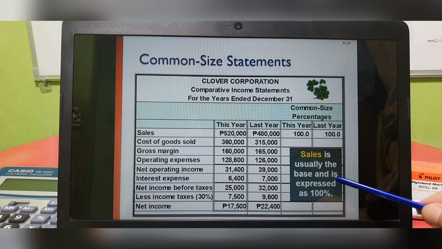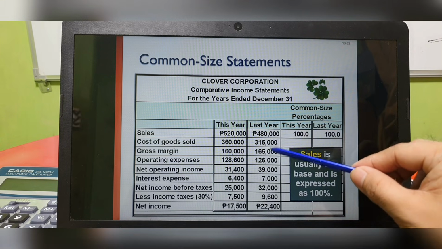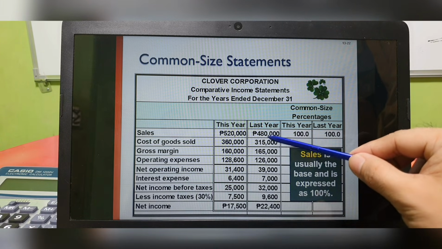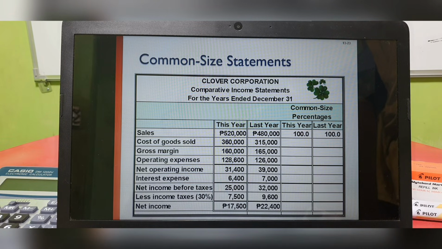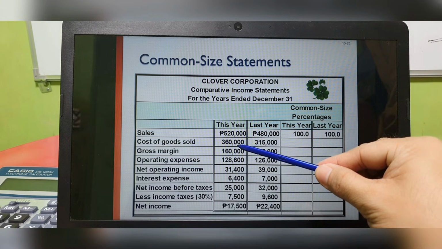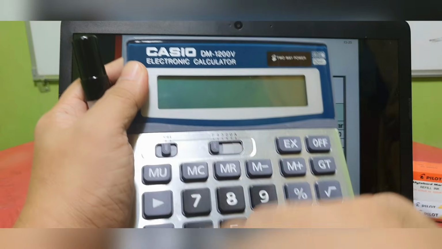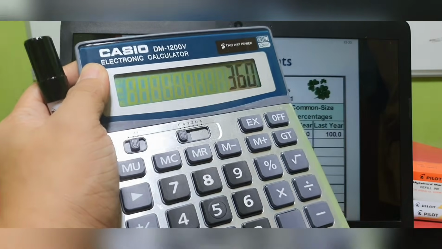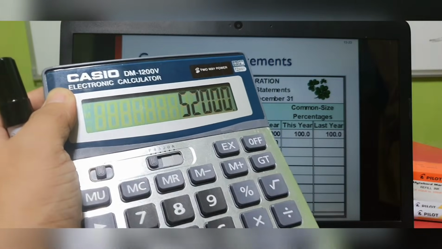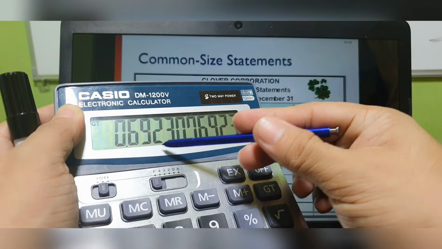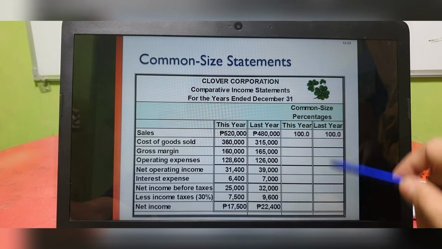Sales is usually the base, and all items sa ilalim will be divided by sales. Okay, so if we do that, what will happen? Let's say for this one, 360. So that would be 360,000 divided by 520,000. Just example. So that would be 69.23%. Tapos gagawin natin yan sa lahat ng items dito.